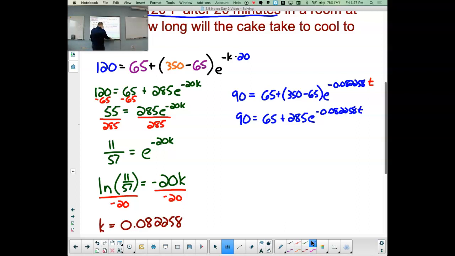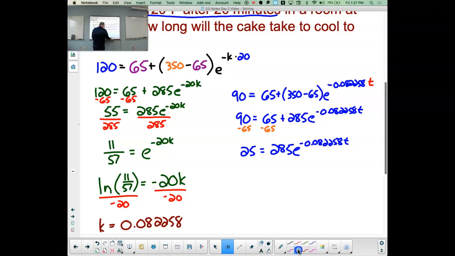Subtracting 65, 25 is equal to 285 e to the negative 0.082258 t power.